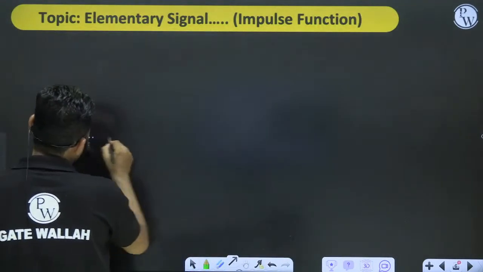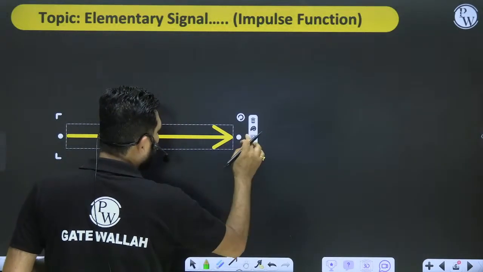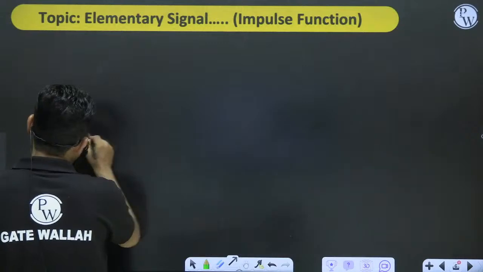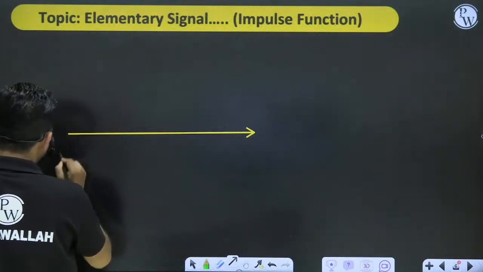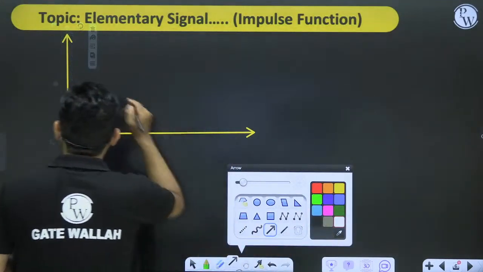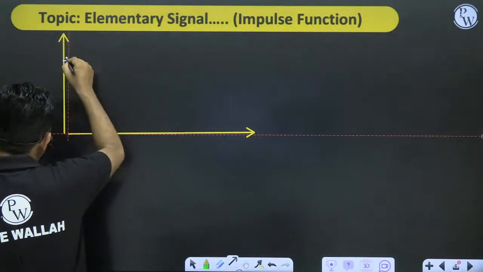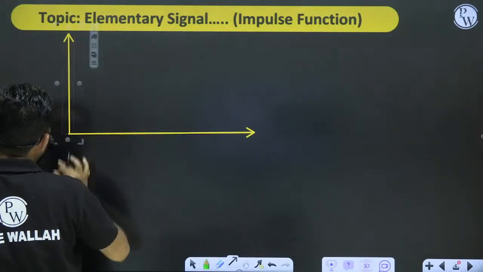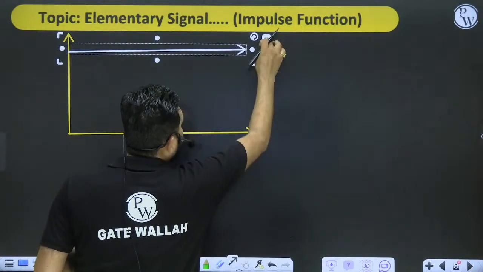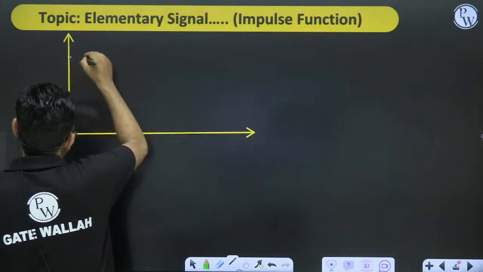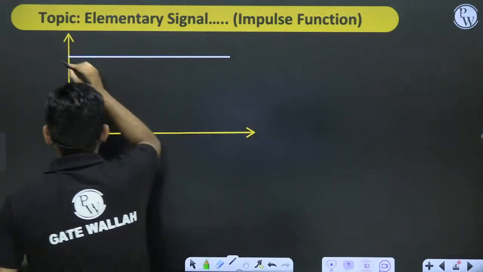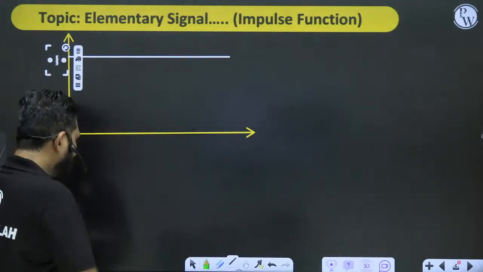Suppose I have a step function. This is u(t). I'm calling this u(t).